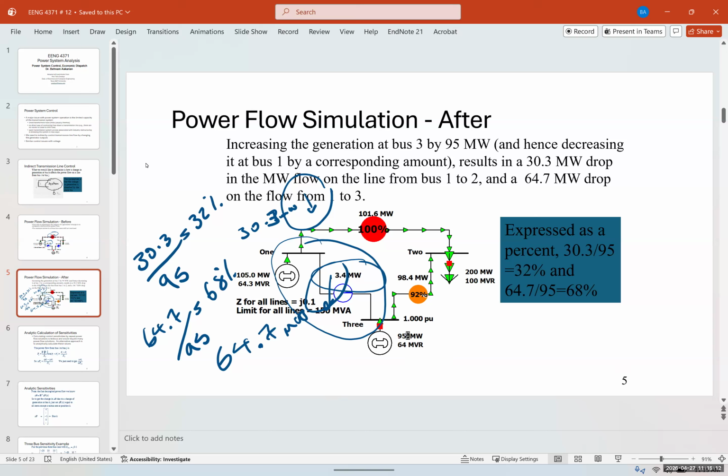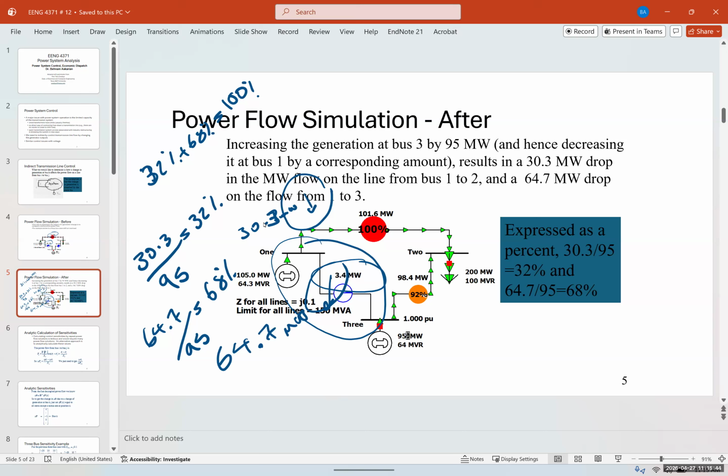Now, if we add these two, what is 32% plus 68%? It gives us 100%. Am I correct? That makes sense because all the 95 megawatts has to go somewhere. It can't just evaporate into air. It's because of the physics and Kirchhoff's law. These percentages are what we call sensitivity factors.